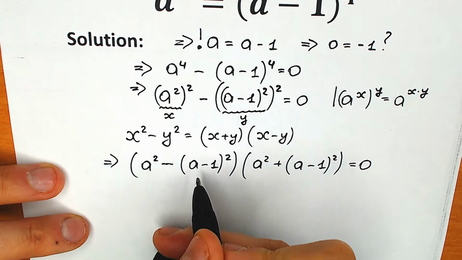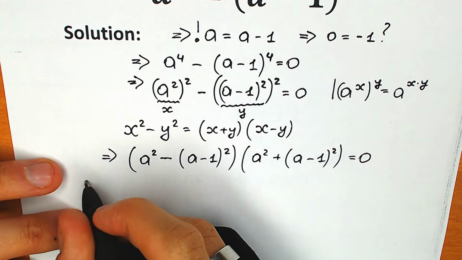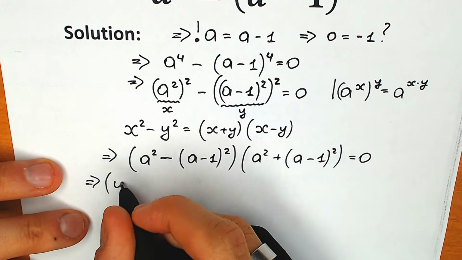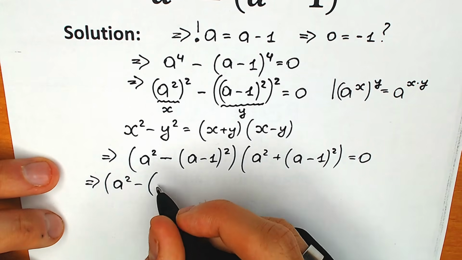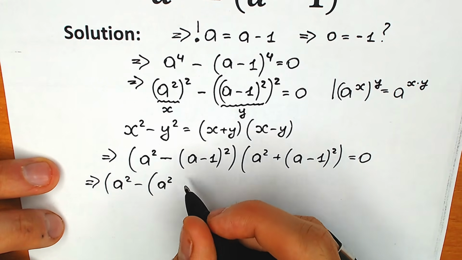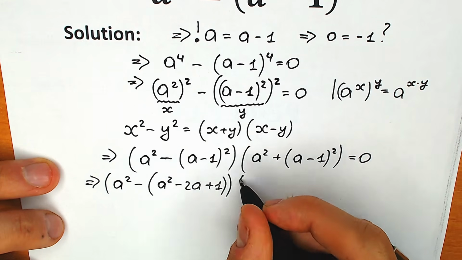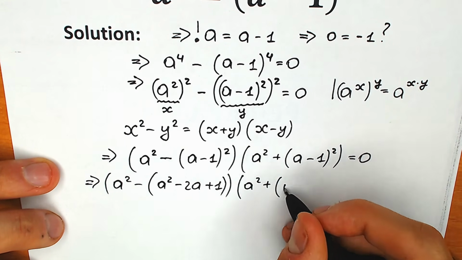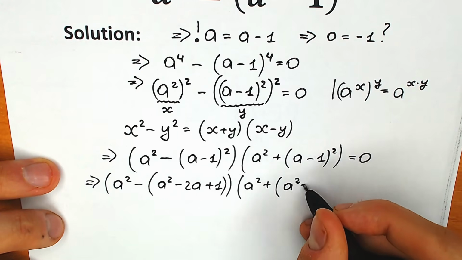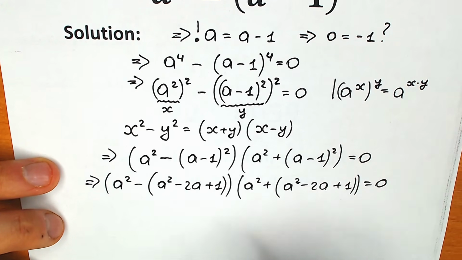But before writing two equations, let's simplify this real quick. So first of all, on the left side, what do we have? A square minus, and this is our school formula, a square minus 2a plus 1. And the second one, a square plus, this is also our formula, a square minus 2a plus 1, equal to 0.